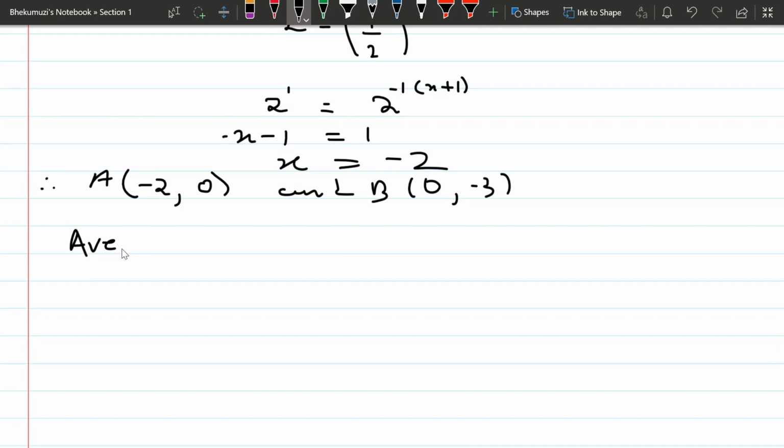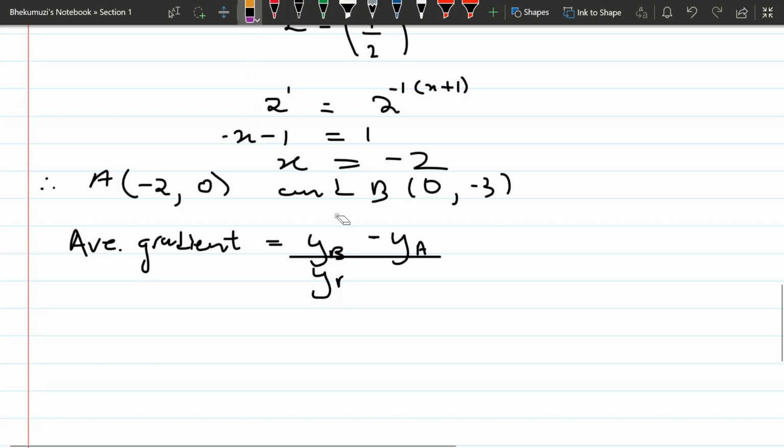So the average gradient in this case would be the y of b minus the y of a, all over the x of b minus the x of a.